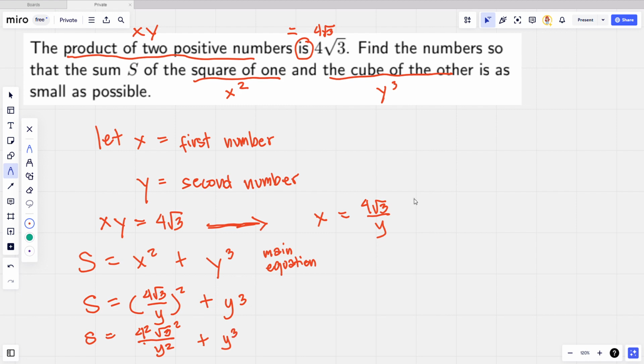According to our rule, a over b raised to m is equal to a to the m over b to the m, and a times b, that quantity raised to m, is a to the m times b to the m. That's how we got 4 squared, square root of 3 squared, over y squared.